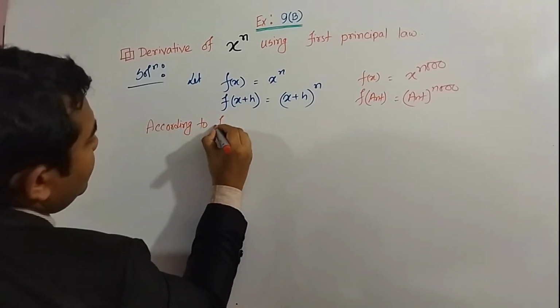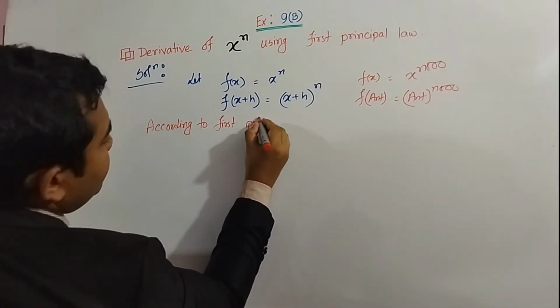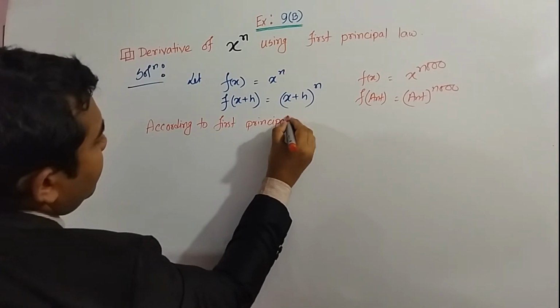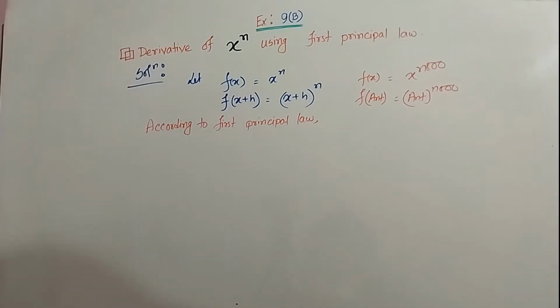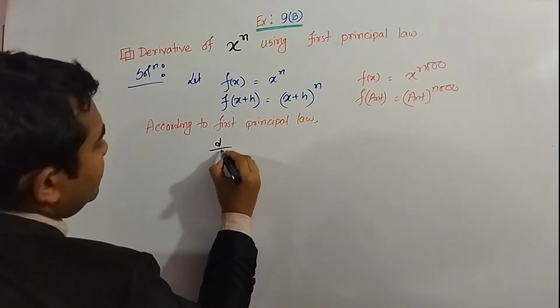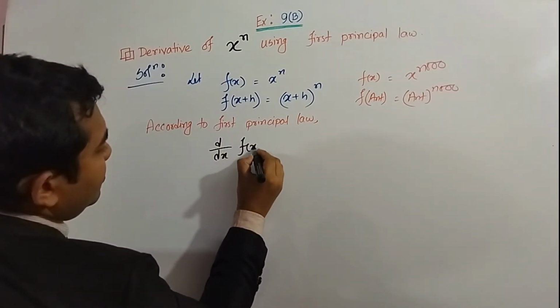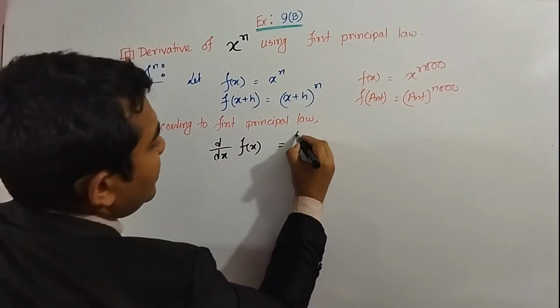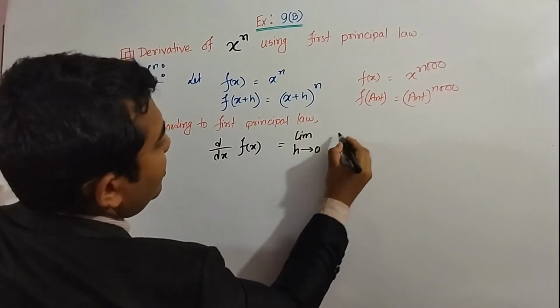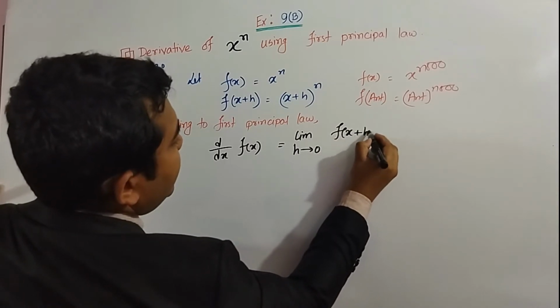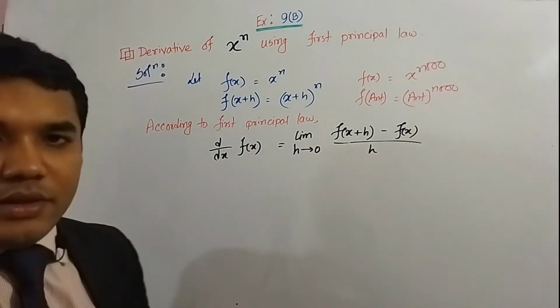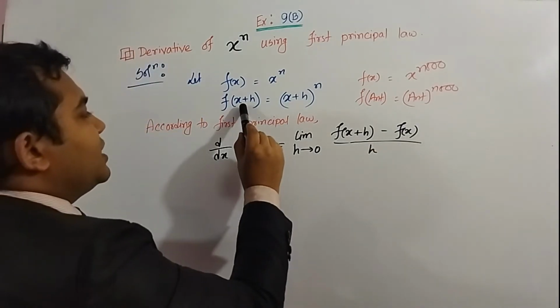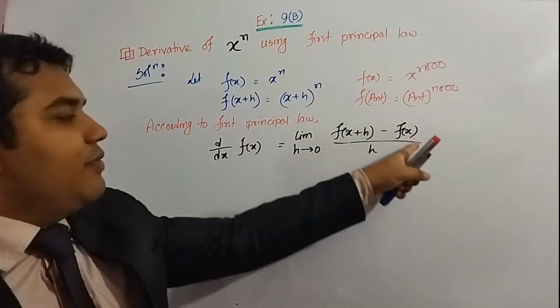Can you tell me the formula? Exactly, d by dx of f of x is limit h tends to 0, f of x plus h minus f of x divided by h. Yes, students, that is why we have found f of x plus h and f of x.